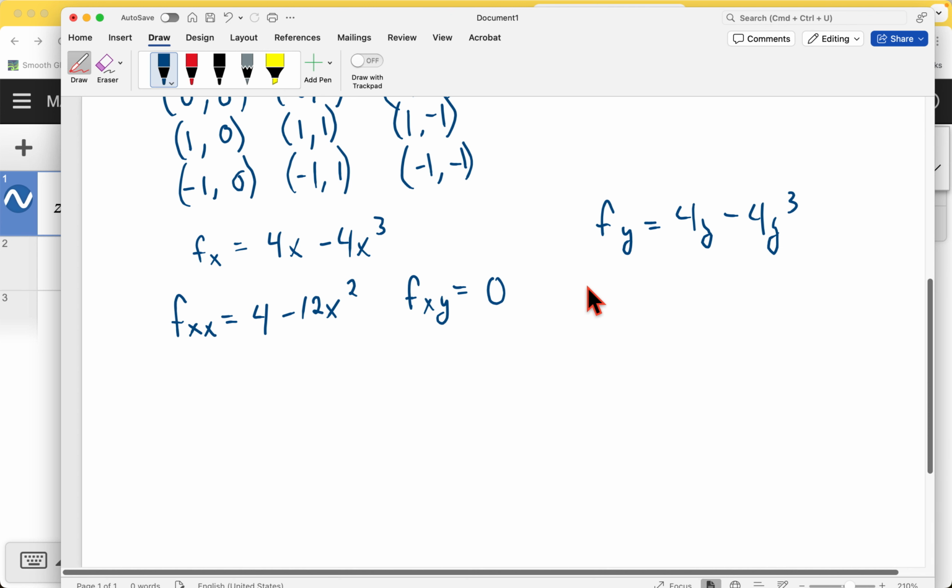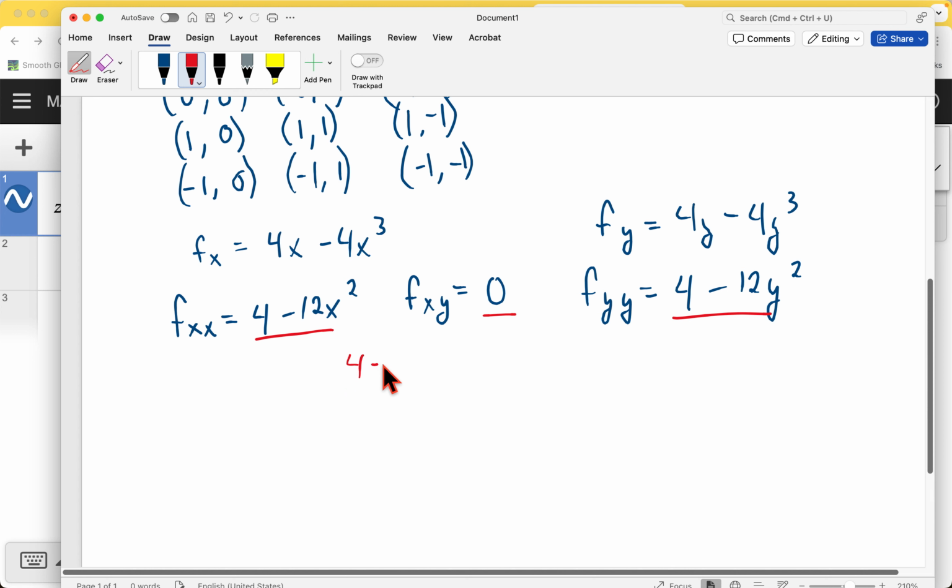So we take the derivatives. The derivative of 4y with respect to y is going to be 4. Then 3 times 4 gives us negative 12y squared. Now the Hessian is this formula where we take this times this minus this squared.